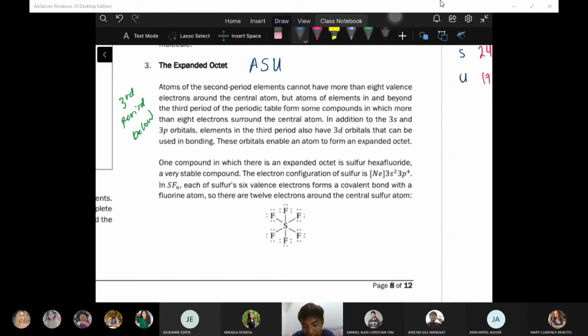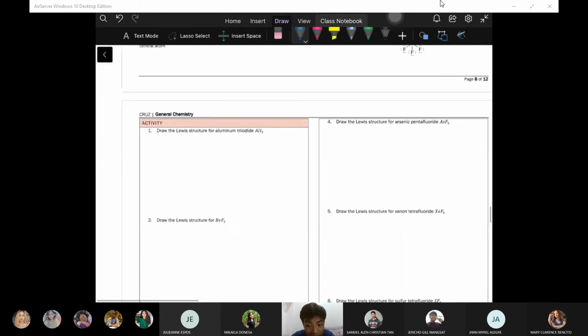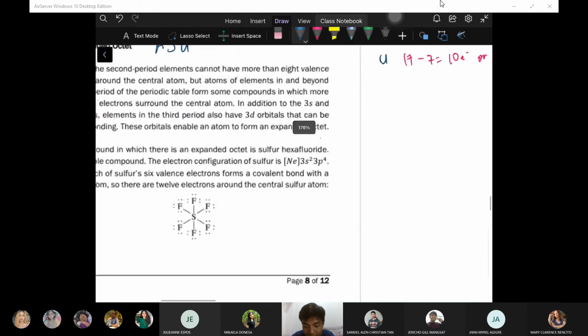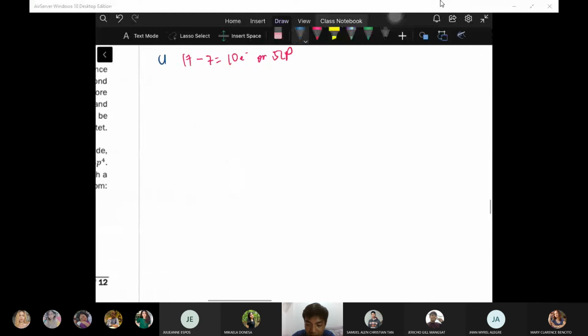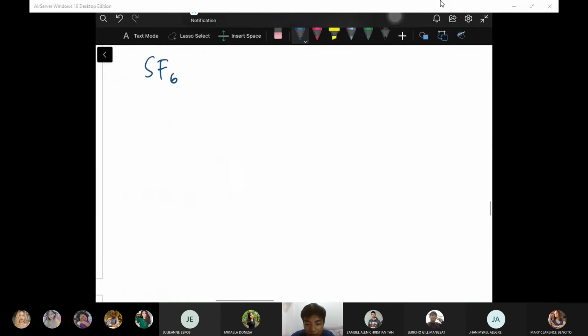Paano ko sasagutan yan? Kuha tayong example. Kunwari, we have sulfur hexafluoride, SF6. Okay. So, paano ko malalaman kapag mag-aASU ako or NASU? So, check mo muna. So, sulfur ang aking central atom.